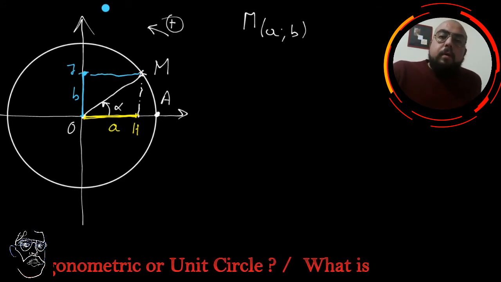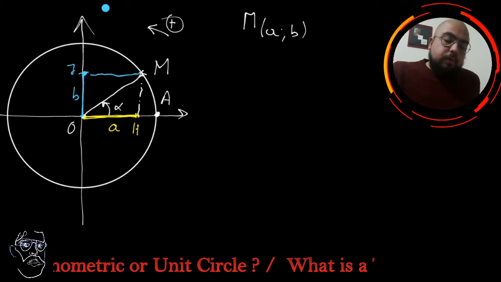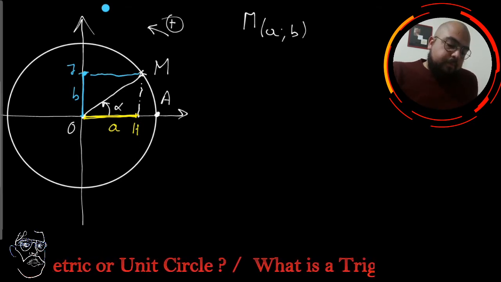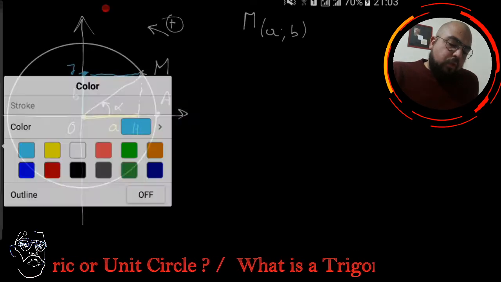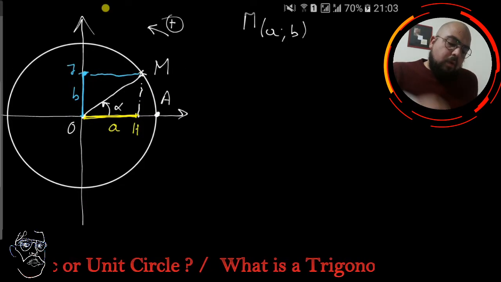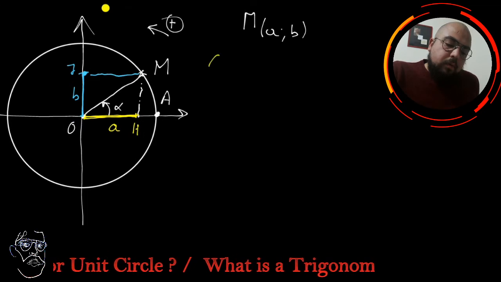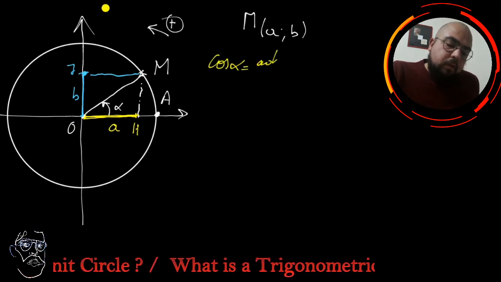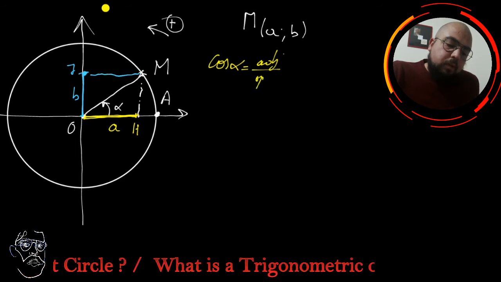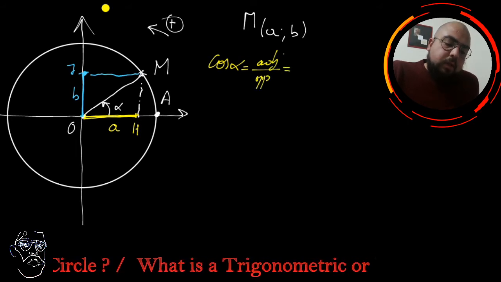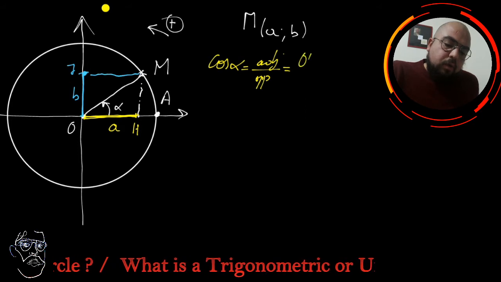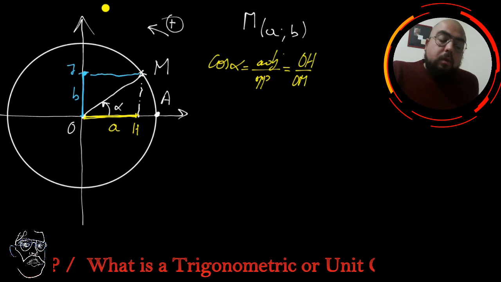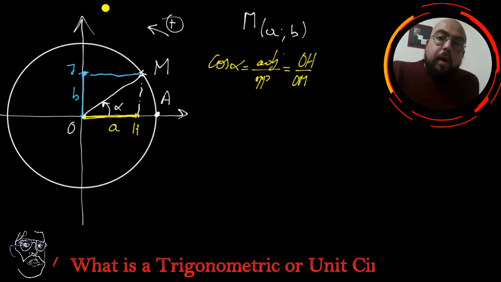Can we define it by using trigonometric functions? Of course. So what about the first one, cosine alpha? Cosine alpha is adjacent over hypotenuse. Adjacent is OH over OM. What do we know about OM?